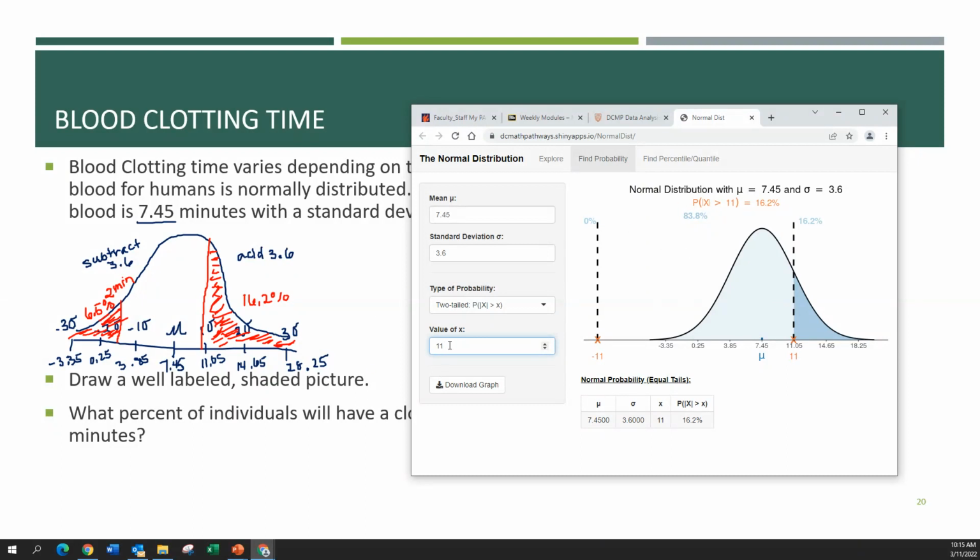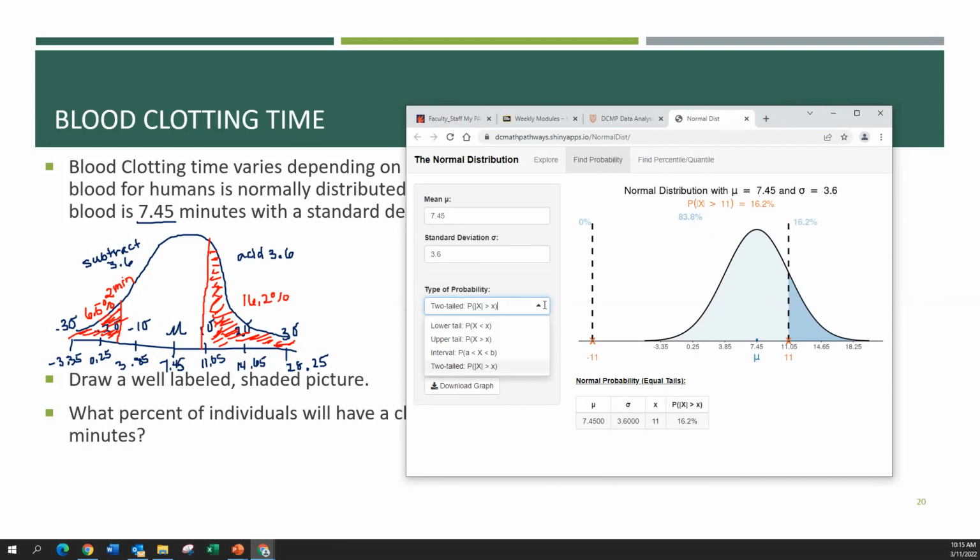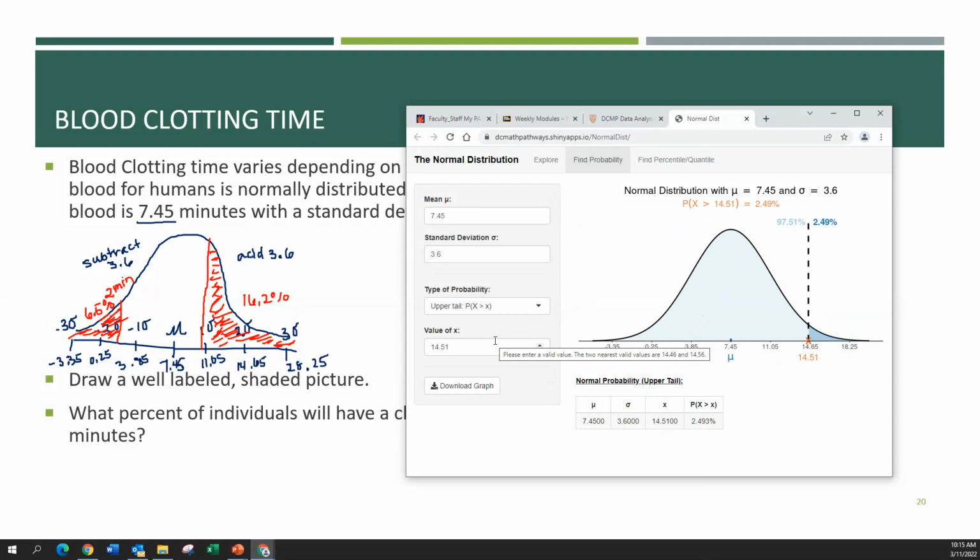Because the way that this is set up, it's supposed to be equally spaced, and our two tails are distinctively not equal, so that is why I did not use the two tail probability, but instead I used the upper tail, got one of the answers, used the lower tail, got the other answer, and just did them individually.